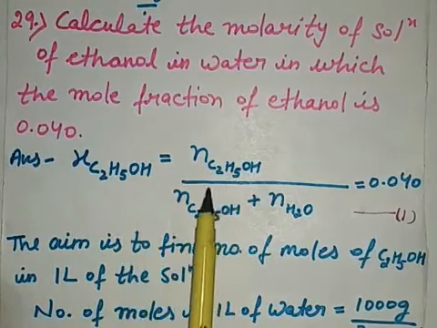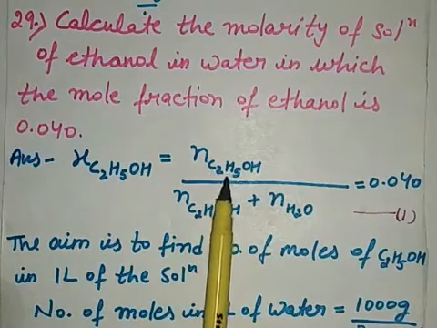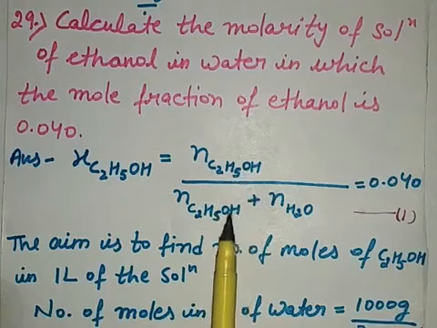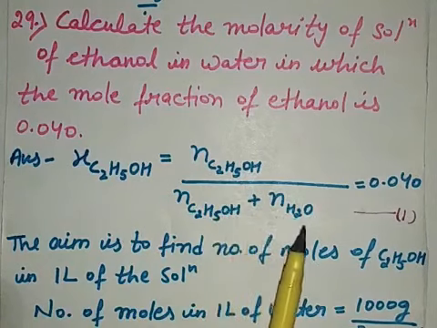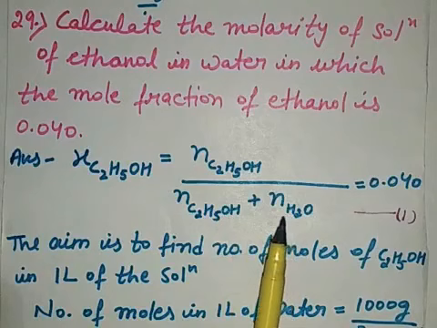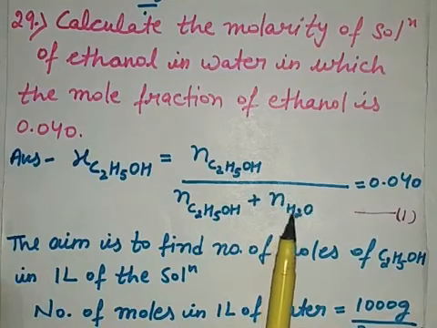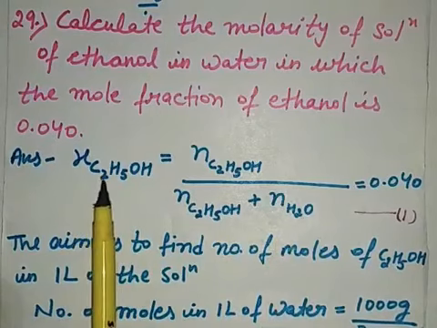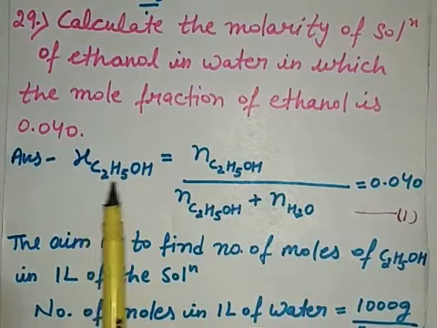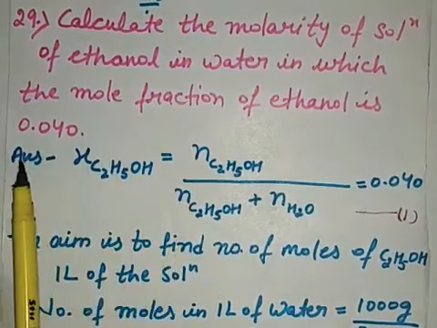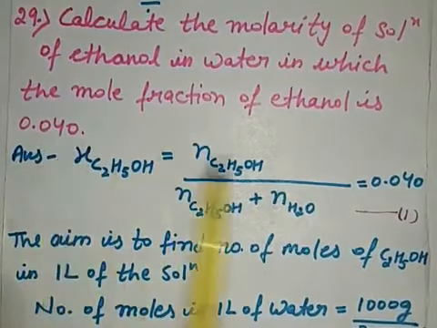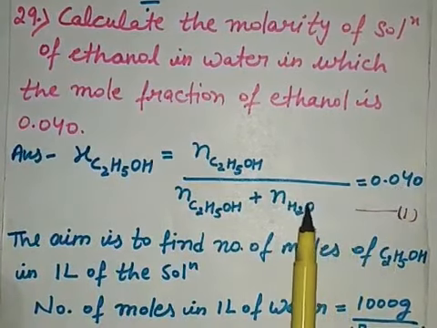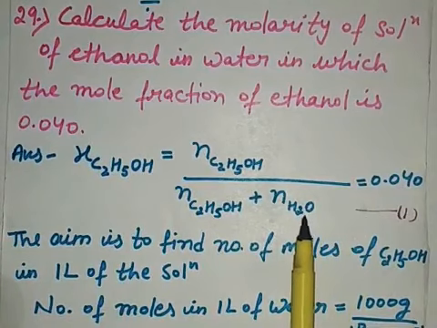C2H5OH. Here we will put the value of number of moles of C2H5OH and number of moles of water. We need the number of moles of water because the mole fraction of ethanol, X of C2H5OH, is given in the question, which is equal to 0.040, and the number of moles of water we will calculate.